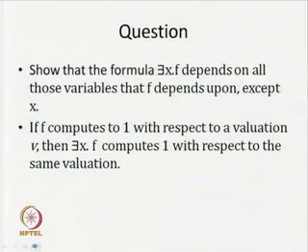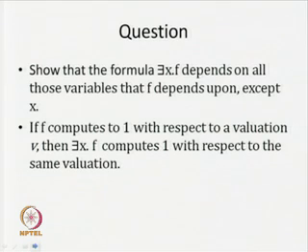Now, just have a quick look at these problems or questions. The first one: the formula there exists x f depends on all those variables that f depends upon except x. So, we have a function f, it depends on some variables, say x1 to xn, or say x, y, z, like that. Now, there exists x f. What does it mean?